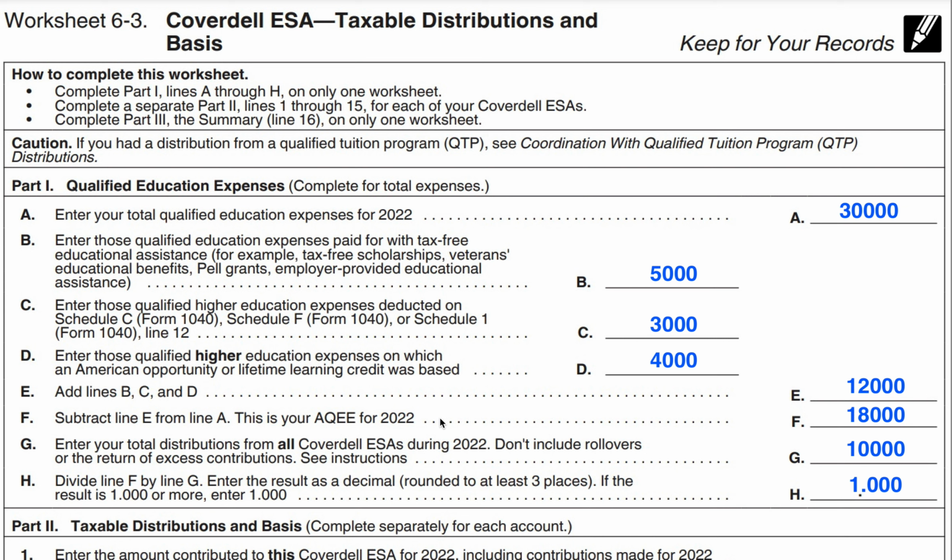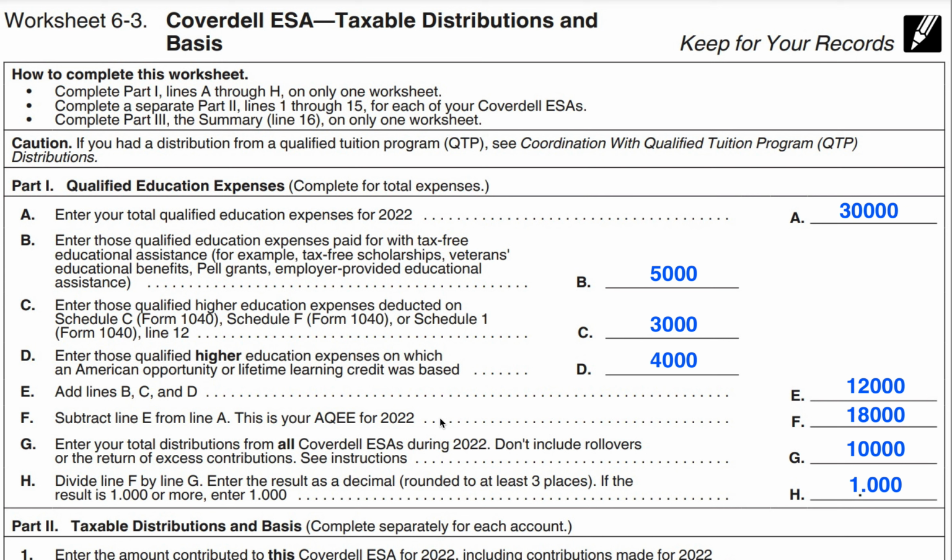And the reason is simple. In a perfect scenario, every dime that you save in a college savings account or a Coverdell ESA goes to pay for those qualified education expenses. However, a lot of people may find different avenues to pay for college, such as scholarships or the military.